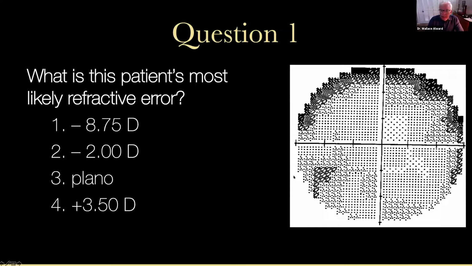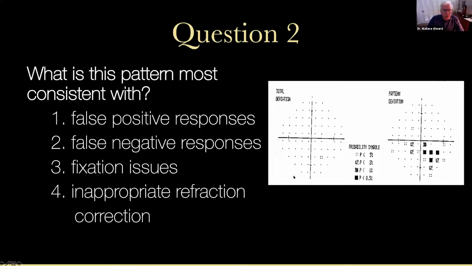Question 1, what is this patient's most likely refractive error? Minus 8.75 diopters, minus 2 diopters, plano, or plus 3.5 diopters. Question 2, what is this pattern most consistent with?